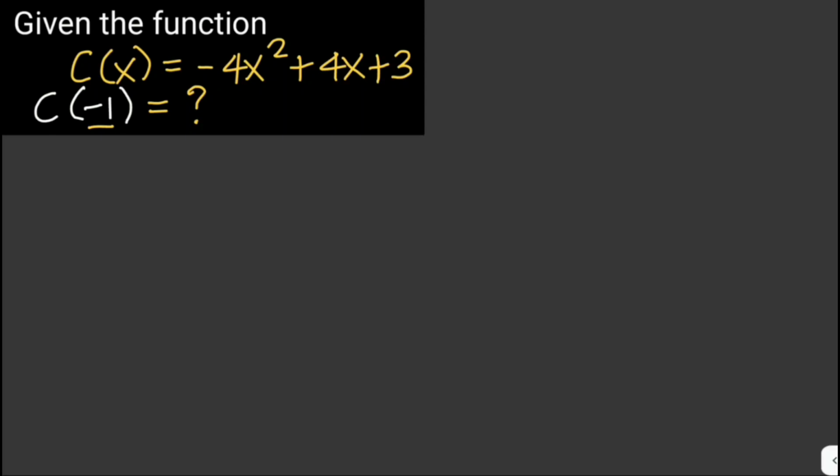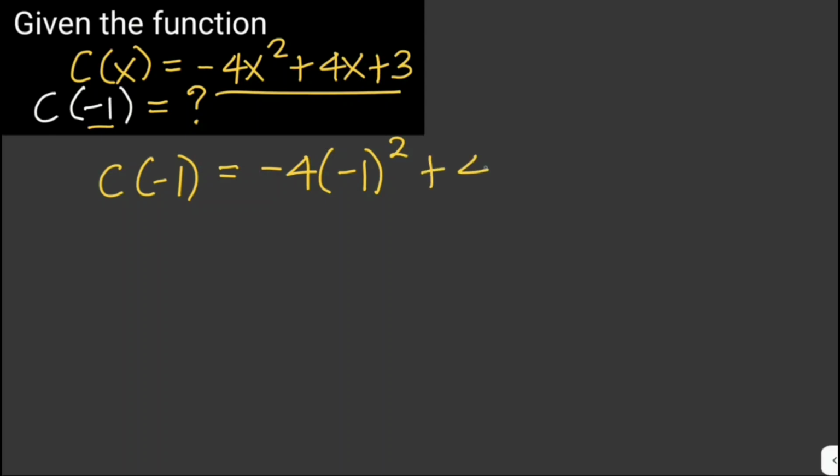All we have to do is just plug in the value of x to the equation here. So that would be c of negative 1 is equal to negative 4 times negative 1 squared plus 4 times negative 1 plus 3.